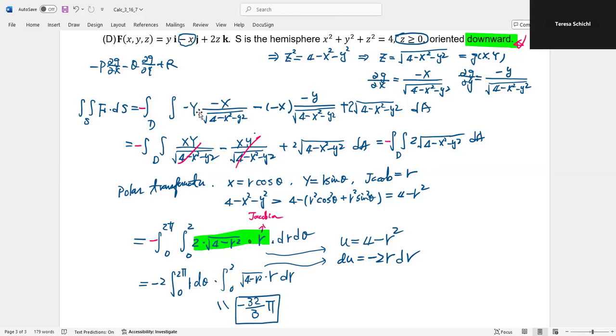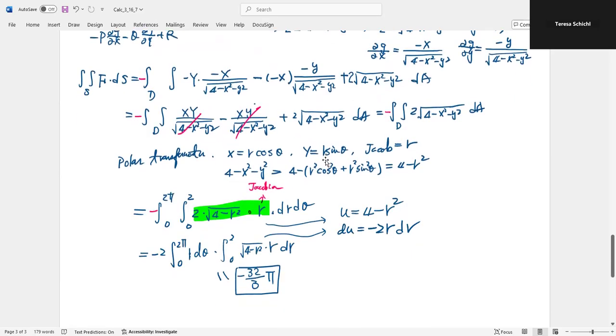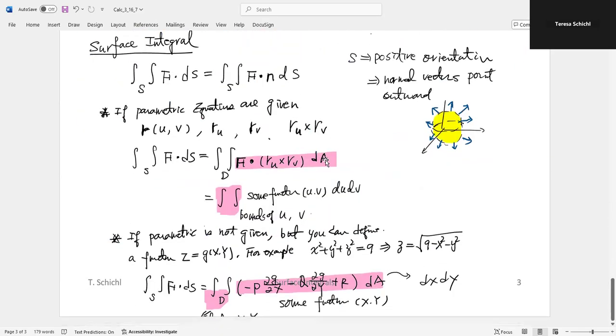So those are both methods here. Whichever one you feel is more convenient and more comfortable, you can use it for the surface integrals. Remember? Okay, let's try to refresh our memories, right? If the parametric equation is given, you can use the vector dot product, r_u cross r_v. But if not given, and you can place z as a function of x and y, then you can use these formulas here.